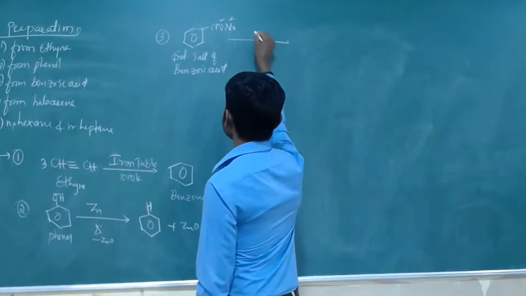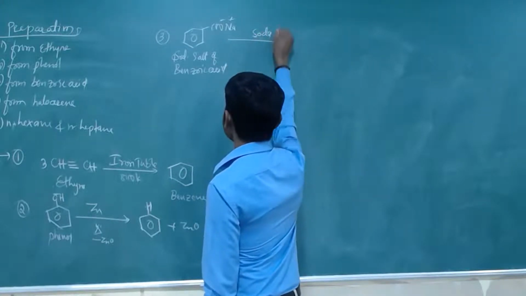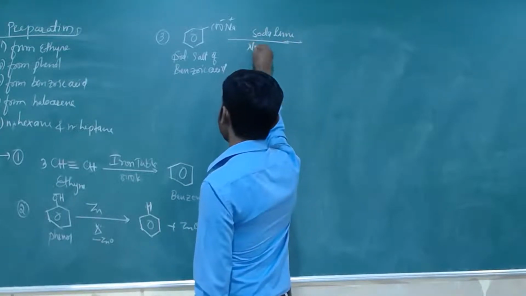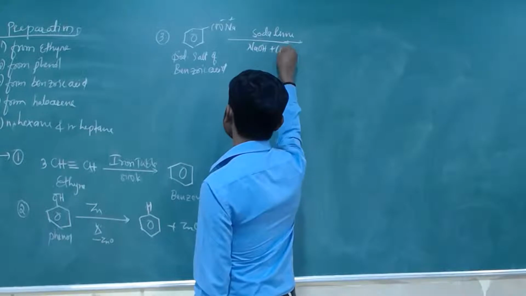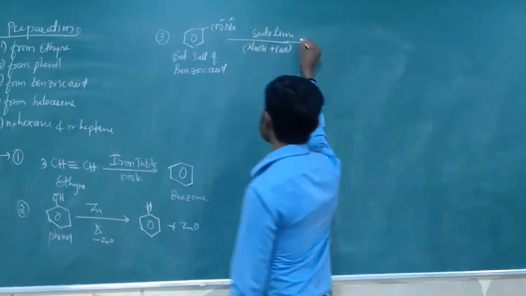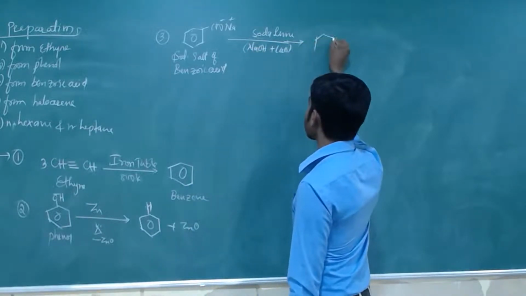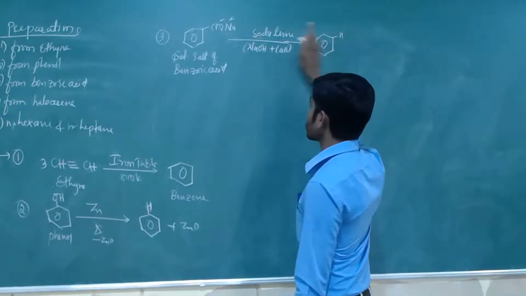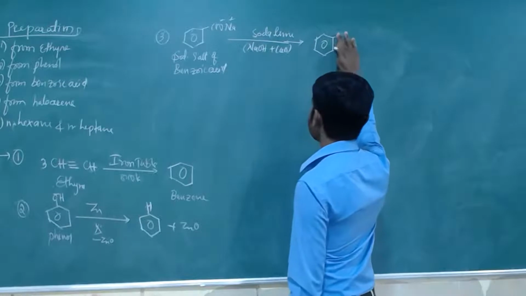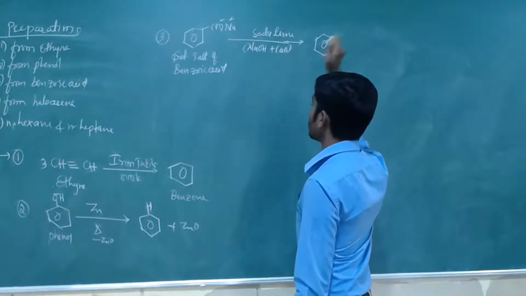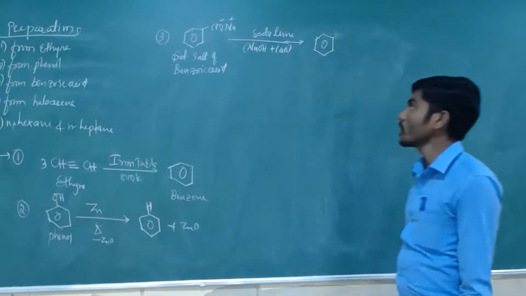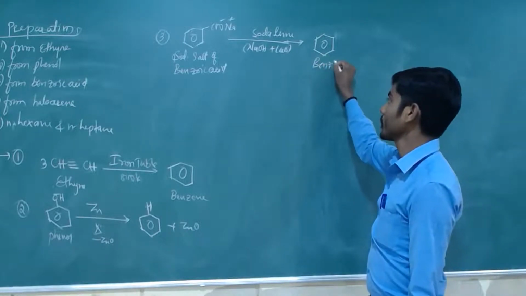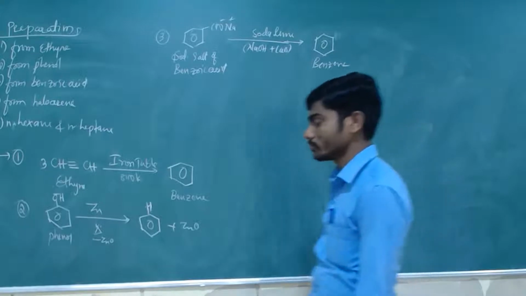When it is treated with soda lime, what is the composition? NaOH plus calcium oxide. This gives rise to the product. The product is benzene because of decarboxylation. Sodium salt of benzoic acid gives the product benzene.